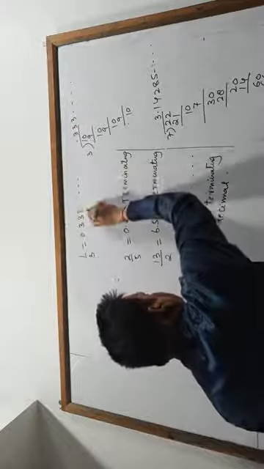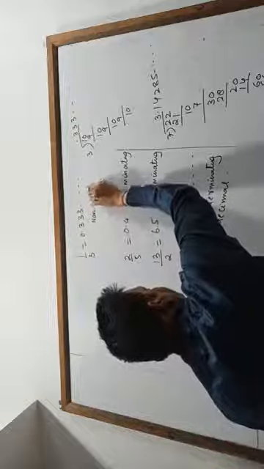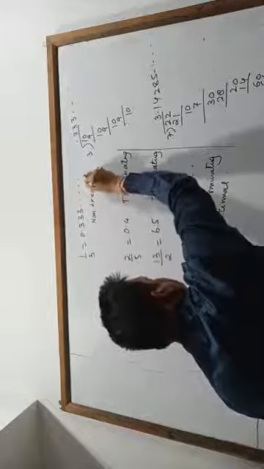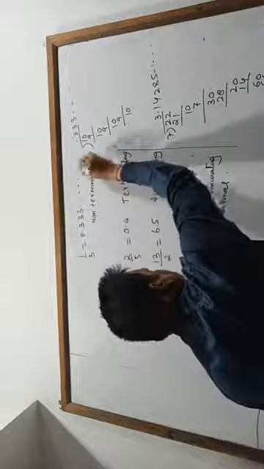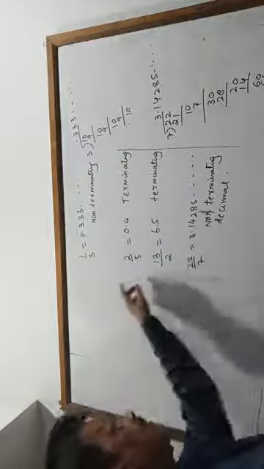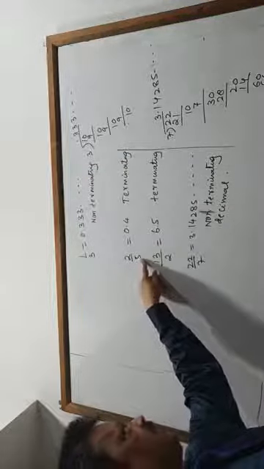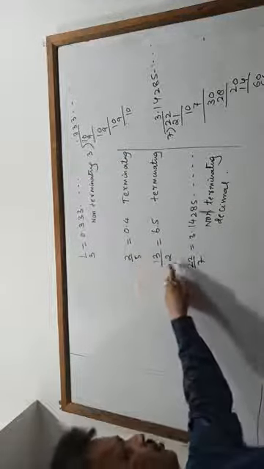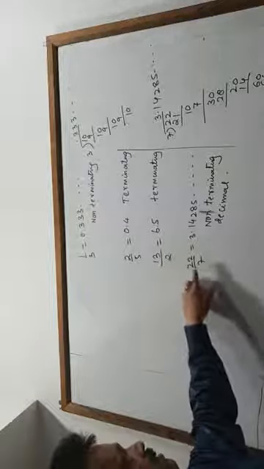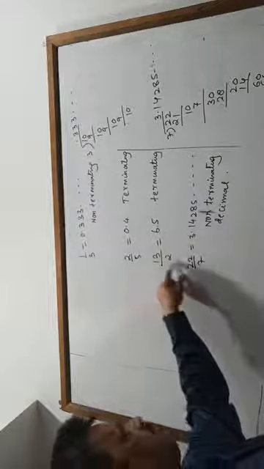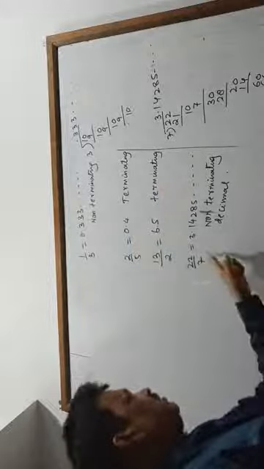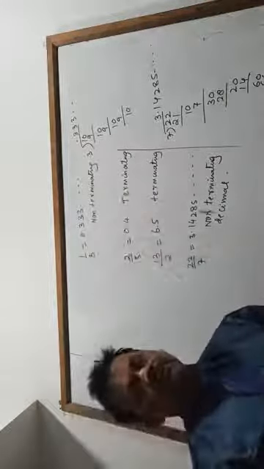This is non-terminating. So what is our conclusion? If the denominator is only 2 or 5, that will be terminating. If some other number, then it is non-terminating.